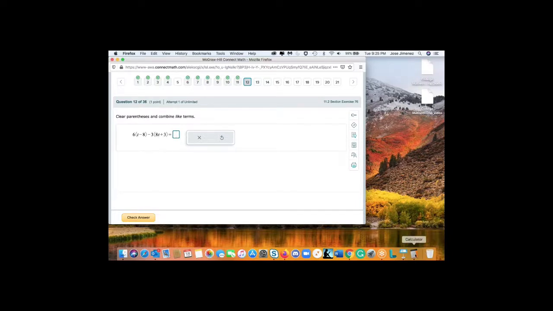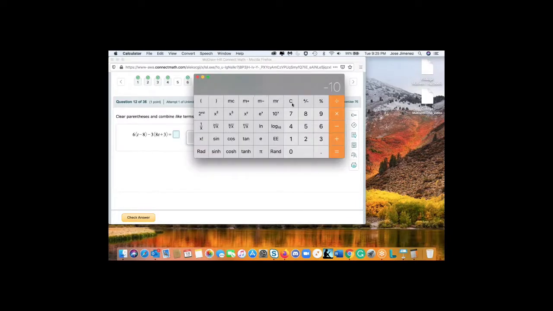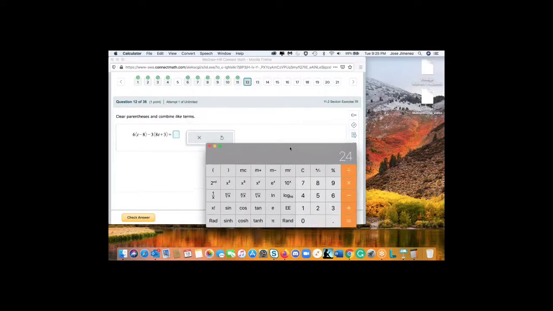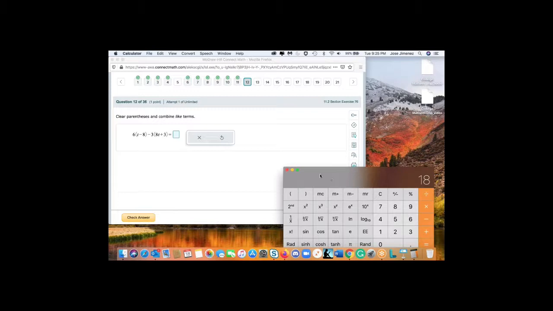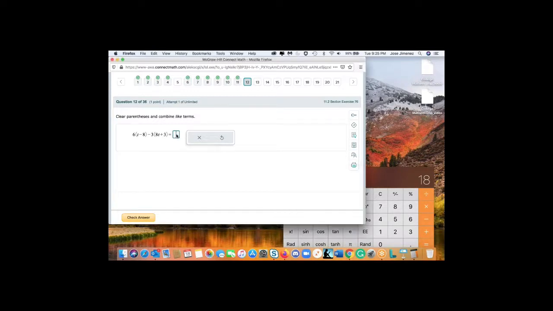So if I have 24, and I will subtract 6 because I will have 18, but the big number is negative. So here I had to put negative 18t. That's the number for t.